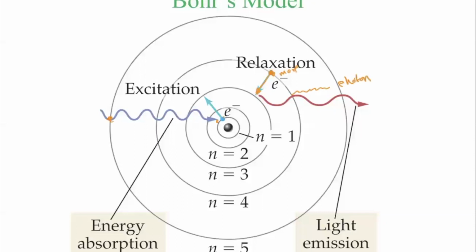This electron is absorbing energy because it's going from N1 to N3. So it needs energy. We have to excite it. That's what's called excitation. You're exciting the electron. Okay? All right, so I think this is a good stopping point before we get to the next level.